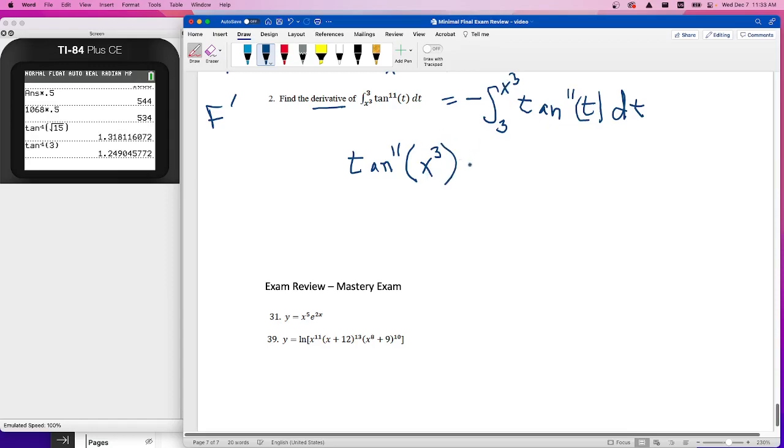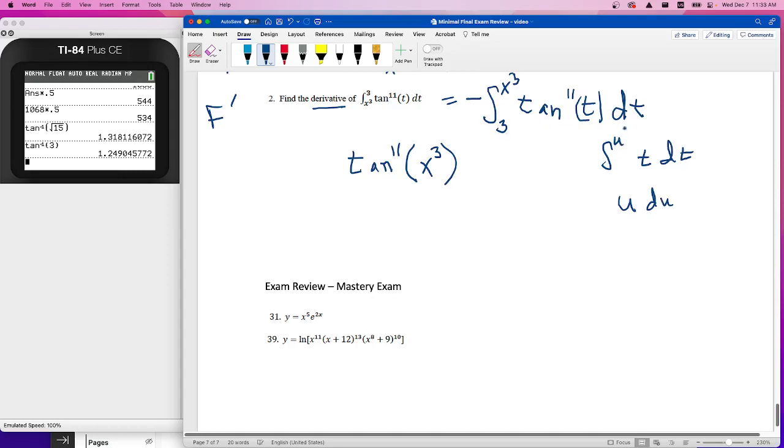But by chain rule, let me show you the thinking. In general, whatever's here, I'll just do a simple t dt. When I plug this in, I'm going to get u du, right? The derivative of u. So I have to use a chain rule.